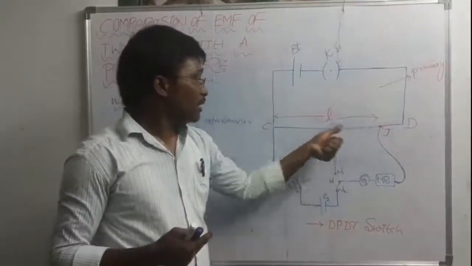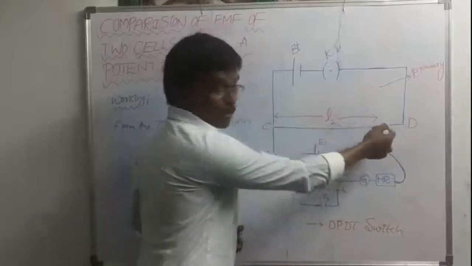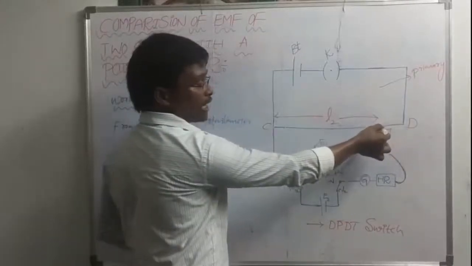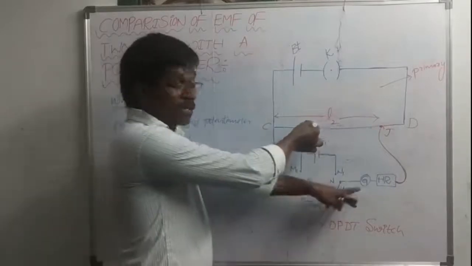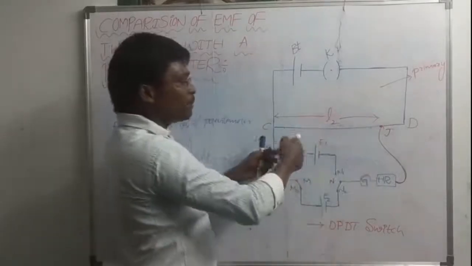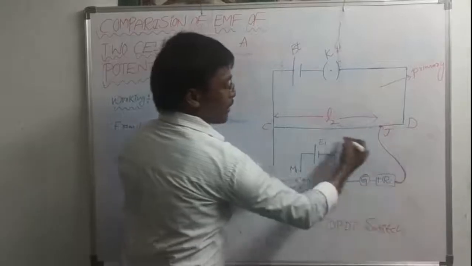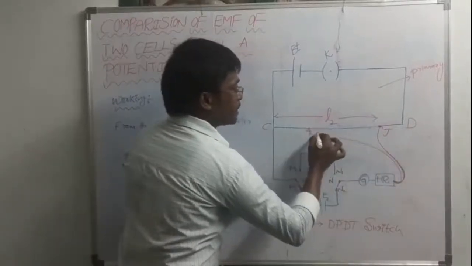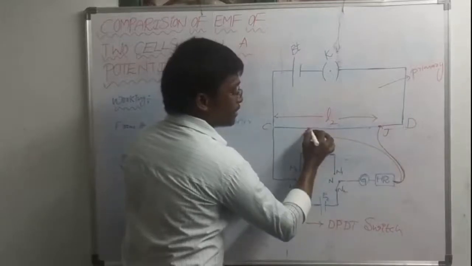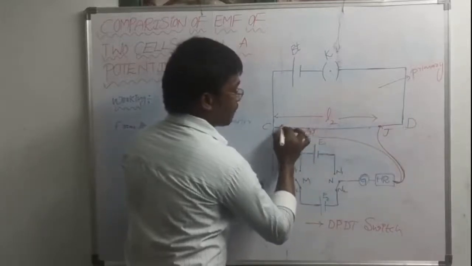I will keep the jockey here and continuously keep moving it. At this point the galvanometer is showing zero deflection, so you can keep the point J here. This is the balancing length.